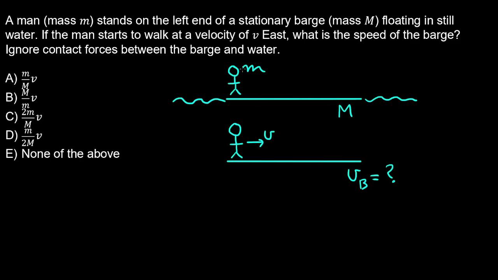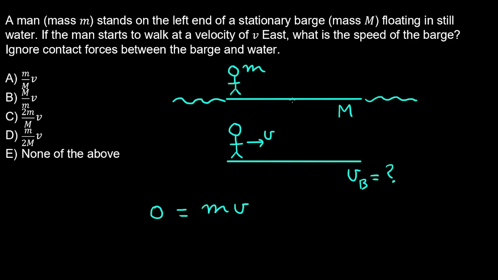So the initial momentum is 0 because the barge is stationary and the man is stationary. And the final momentum of the system is the mass of the man by the velocity.